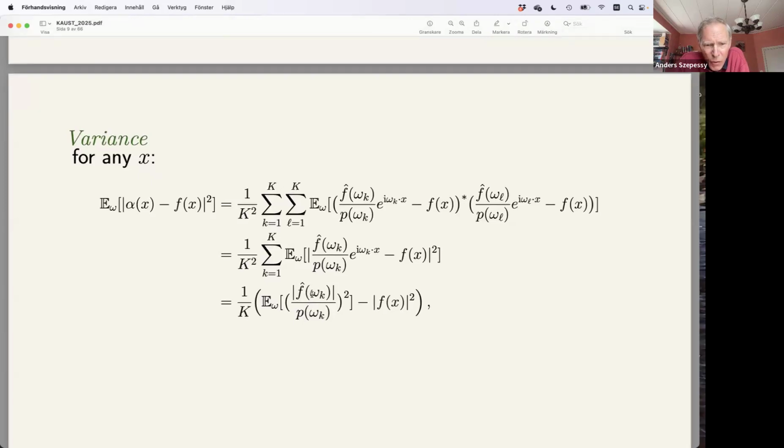The expected value of the Fourier transform divided by the density squared. So one sees that the constant will be very large if we don't sample well here, so that if we sample very few omegas where the frequencies actually appear, then we will have a big constant.